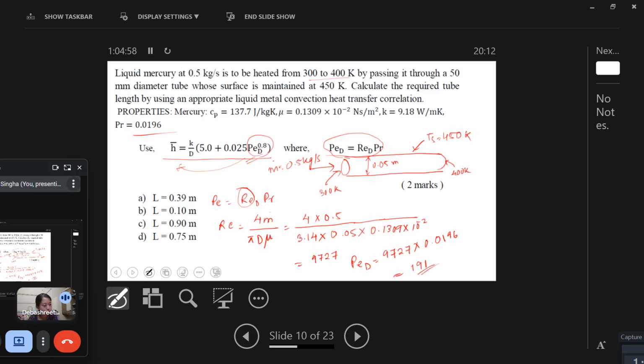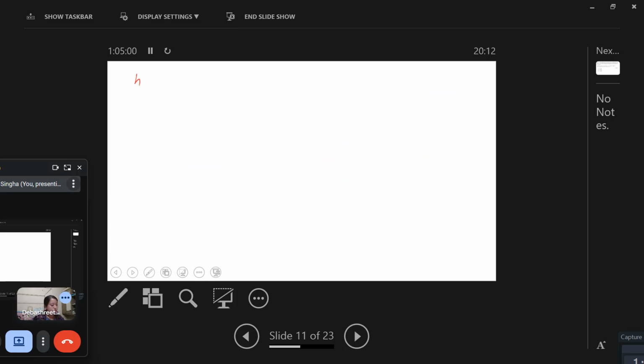h is equal to k by D into 5 plus 0.025 Pe_D to the power 0.8.